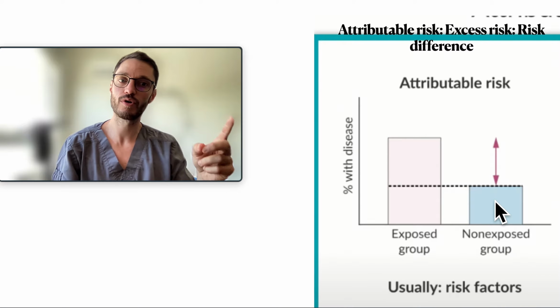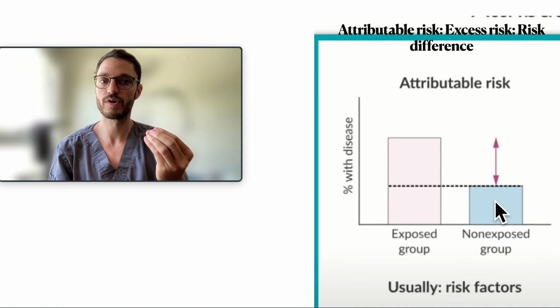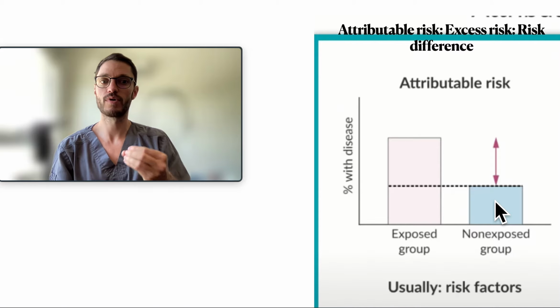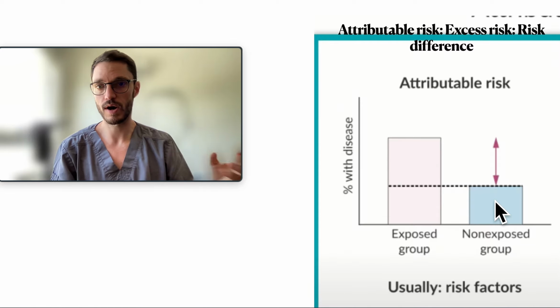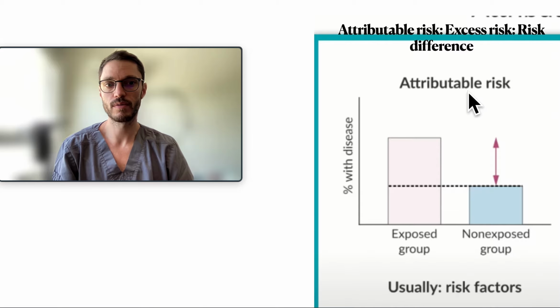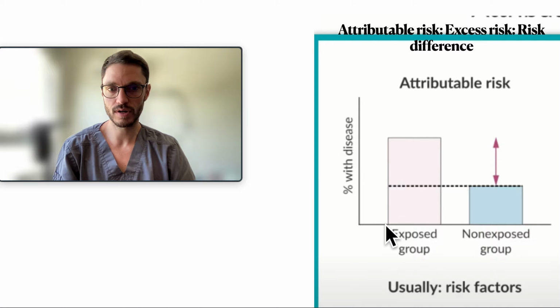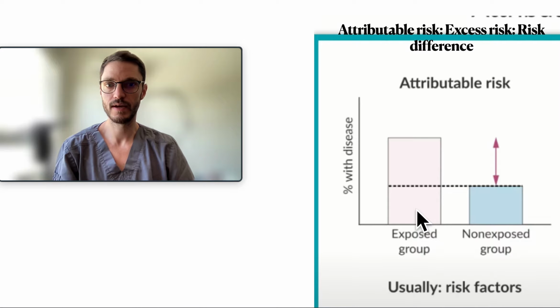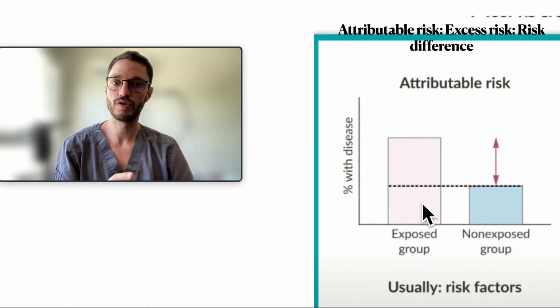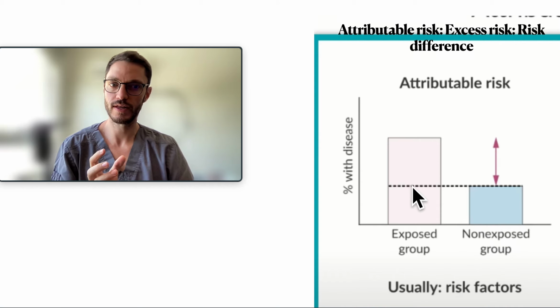But attributable risk is giving us numbers of people or incidence rates. Why is this? Because attributable risk is finding out how much of this outcome is attributed to the exposure you're searching. Okay, so let's understand this.